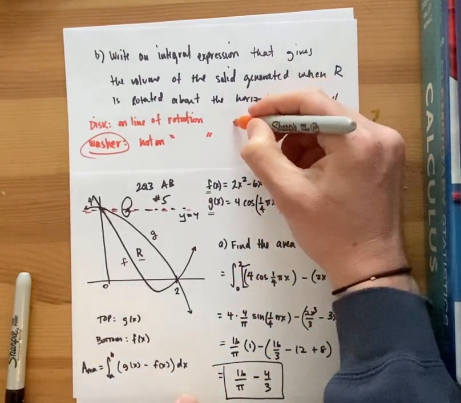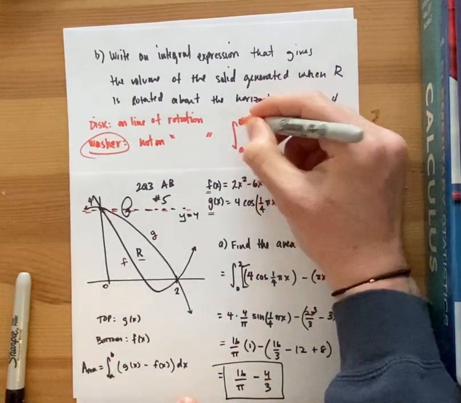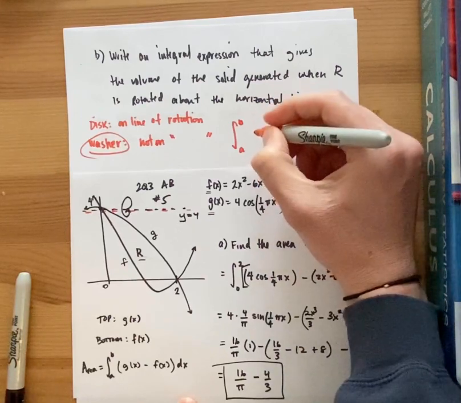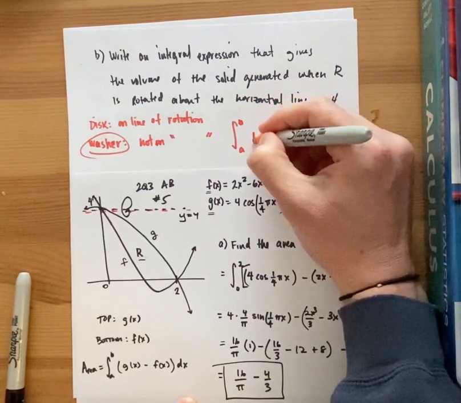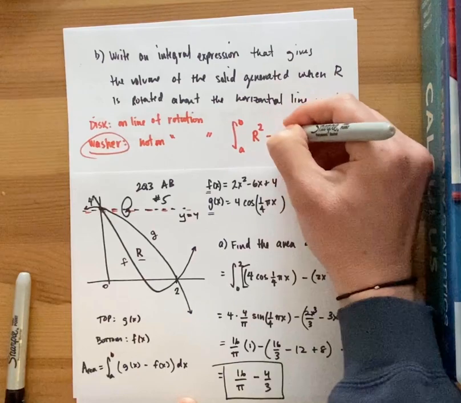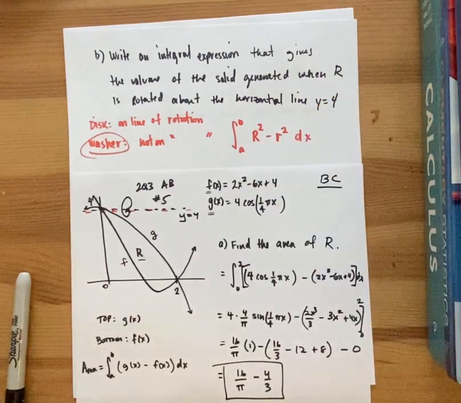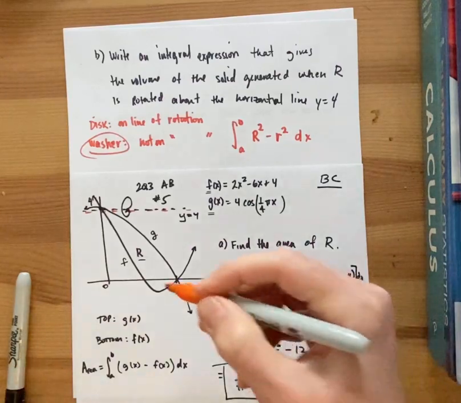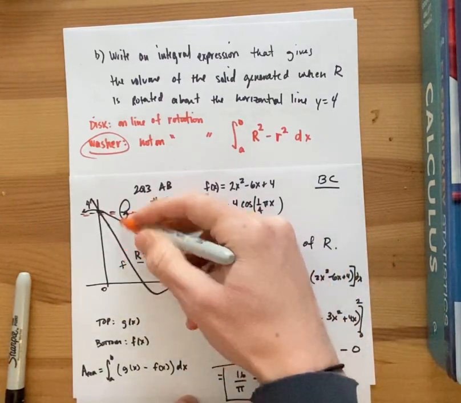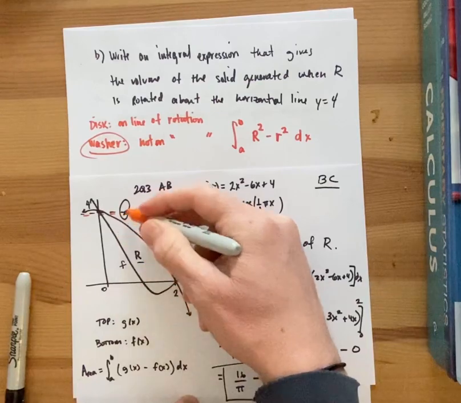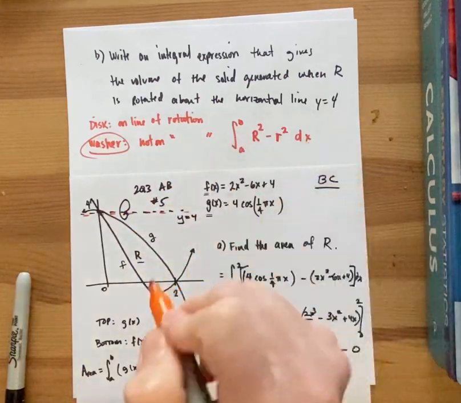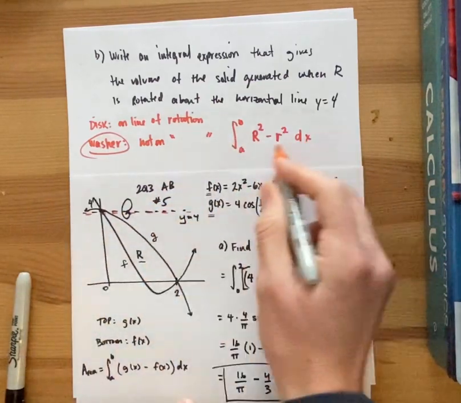Now, when you're doing washer method, we have still our intersection values. And then you have your big radius minus your small radius, and then dx or dy. So because we're perpendicular to that line, when we draw our rectangles, then we know it's dx because it's a horizontal line.